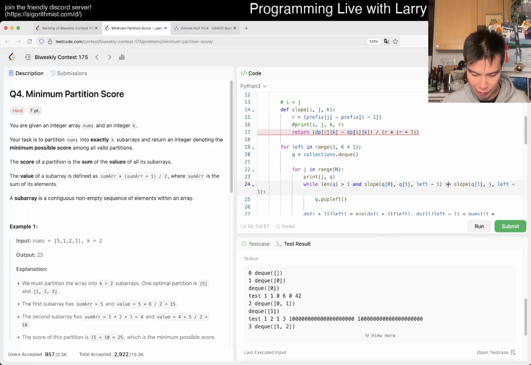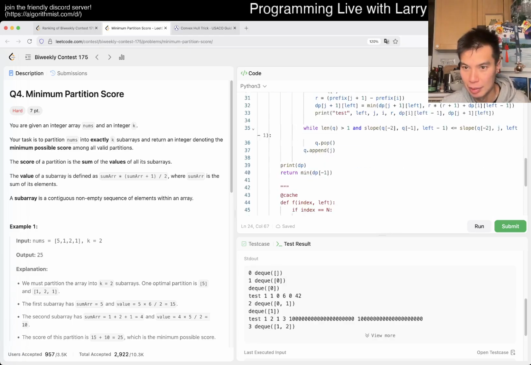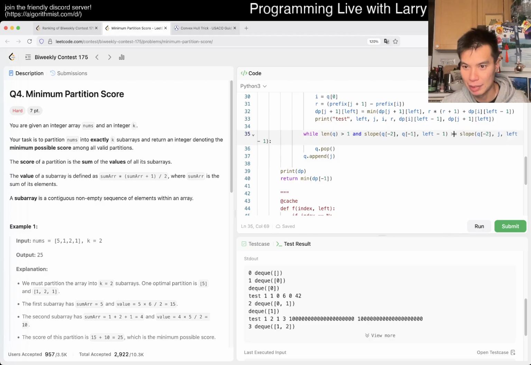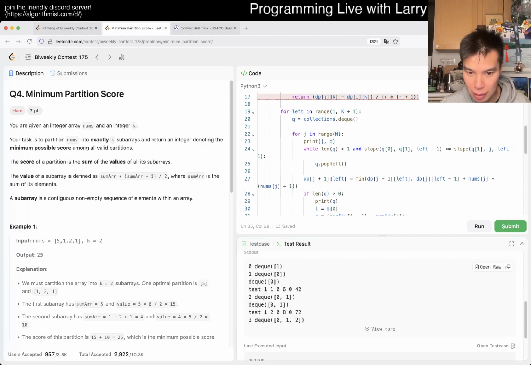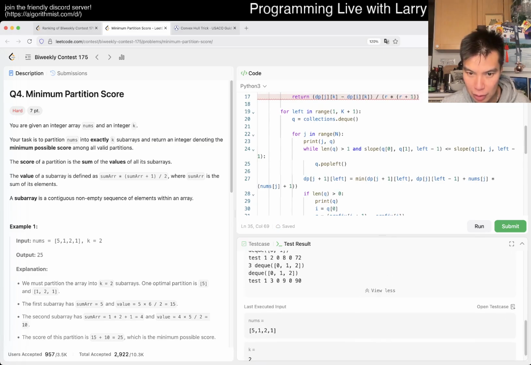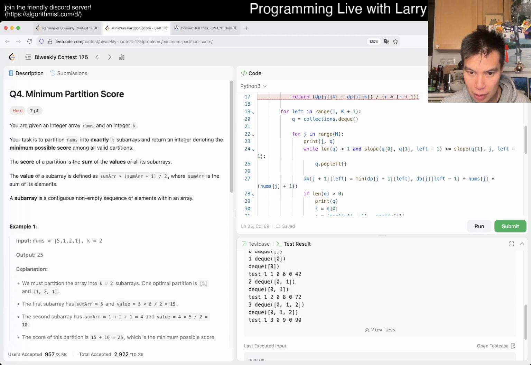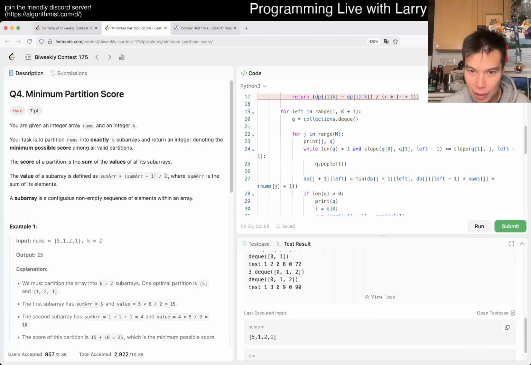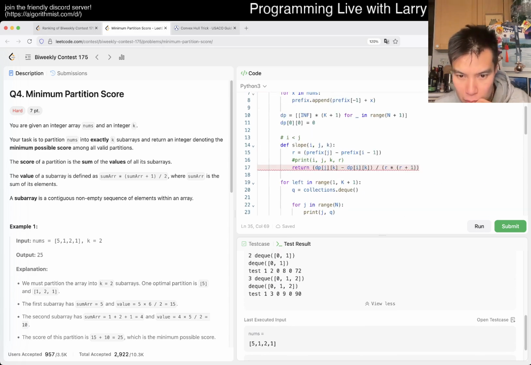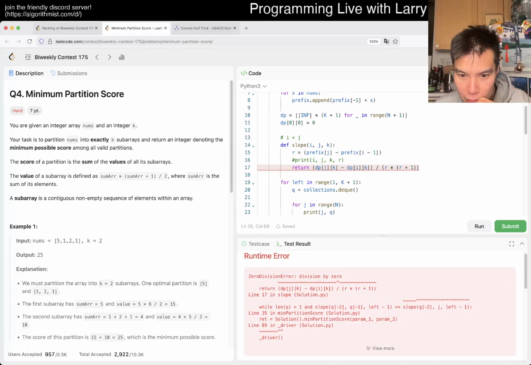Maybe for this problem it's the other way. Maybe I just kind of copy and paste the slope. I mean, I could have changed it the other way, but yeah. Okay. This is more what I expected. And now we have a division by 0, which is interesting.